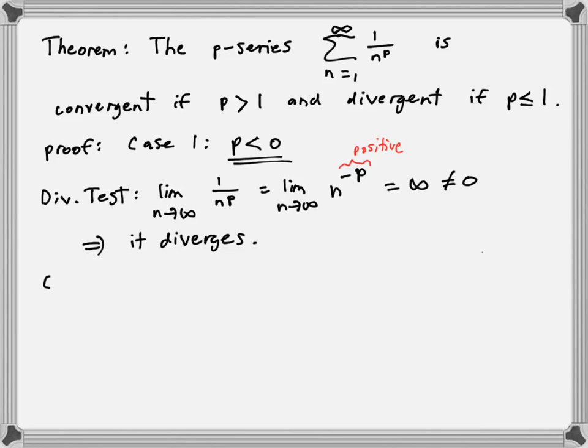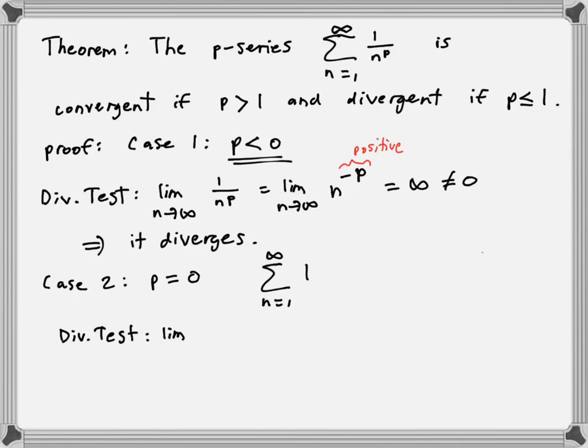Okay, case 2. What about p equals 0? If p is exactly 0, then if we plug in 0, what's anything to the 0? It's 1. We're actually just adding this up. Okay? But we can use the divergence test again.